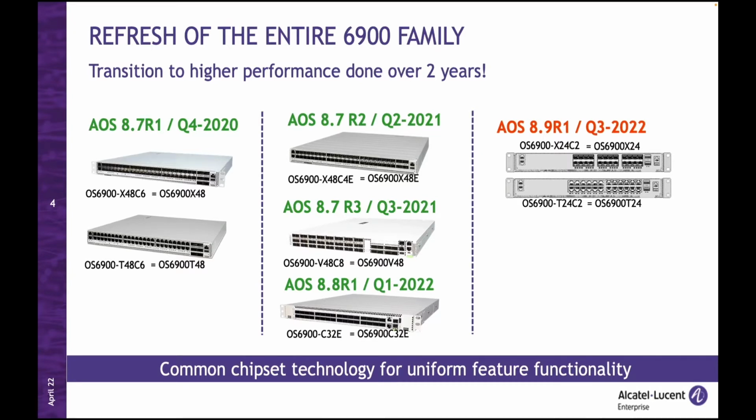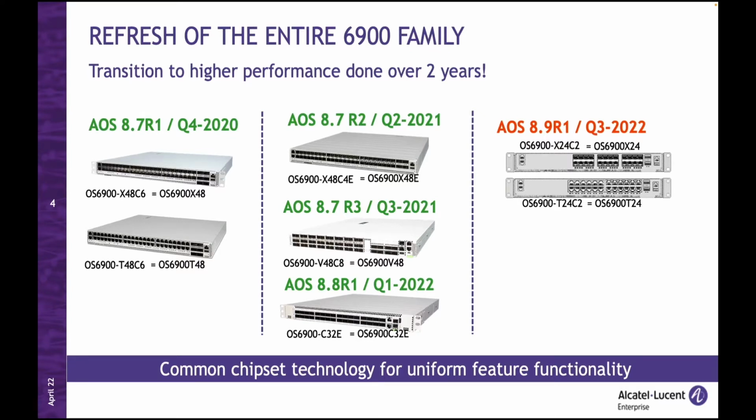It's due to our catalog system that limits the maximum number of characters to be used for the reference and description fields. We had to adapt, and that is the reason why the new models are identified in our price list with shorter references. For example, the OS6900-X48C6 is now orderable with the reference OS6900-X48. There is no more dash or hyphen, nor the C6 digits at the end. It is the same for the entire family.